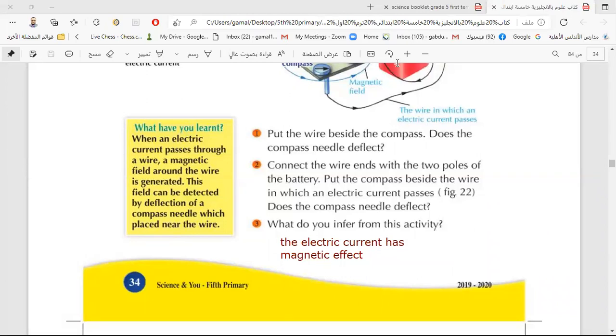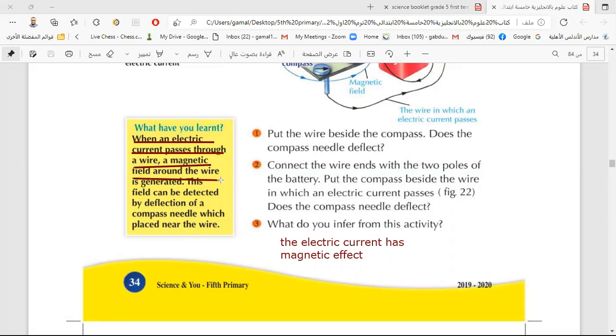So we learn now from the electromagnet that the electric current has a magnetic effect. We also learn from this lesson that we can change electric current into magnetic energy. When an electric current passes through a wire, a magnetic field around the wire is generated.